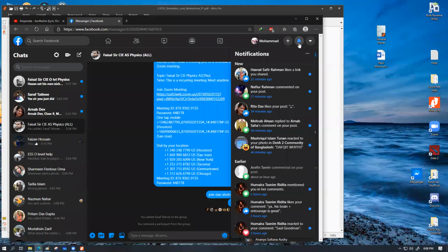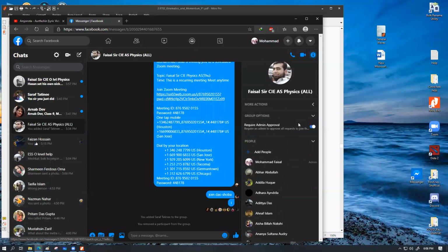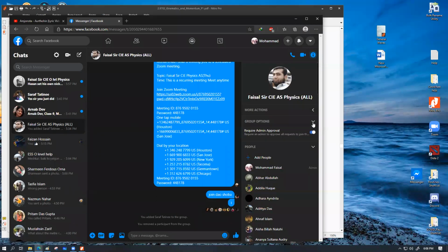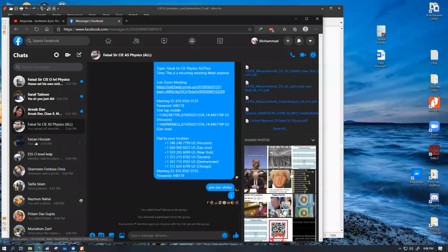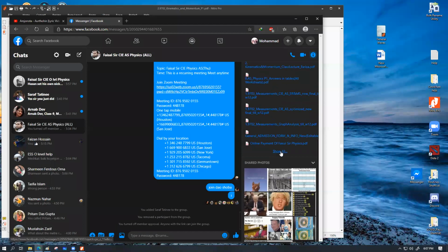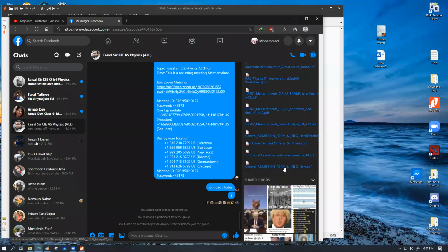If you go from your PC over here, collapse all of these unnecessary stuffs, here in the shared files, if you go further down and give show all, you'll see somewhere over here there is a PDF that should read answers in tables. Here it is. Do you see it? Yes, sir. Yeah, this is the one. So you have all the answers within this part.